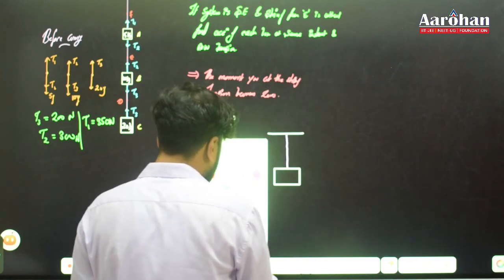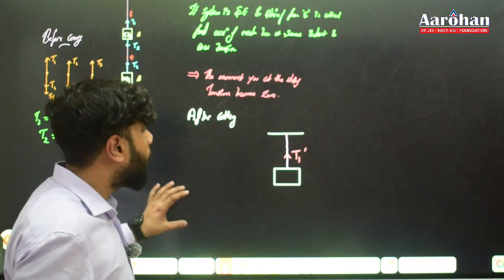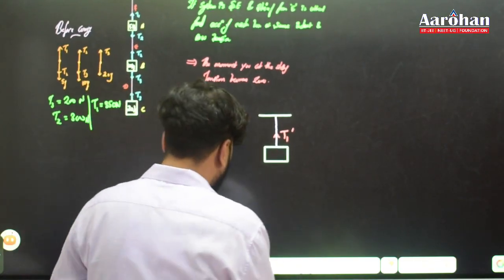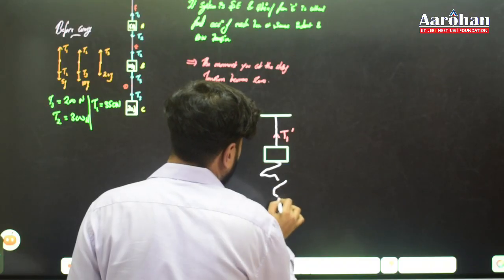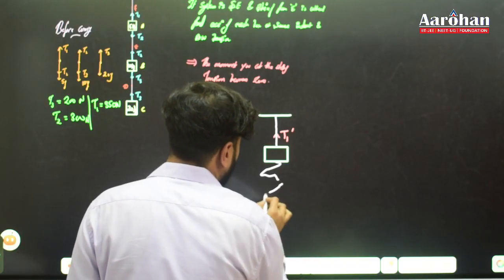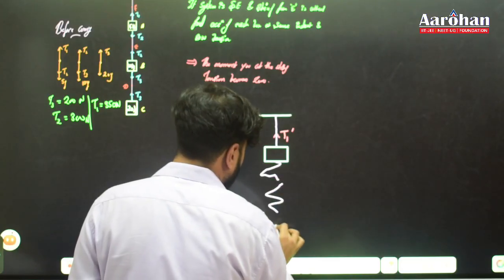So the new tension, we will not call it T1, we will call it T1 dash. Got it? And the other two masses will freely fall.